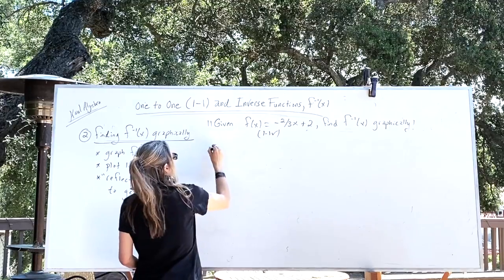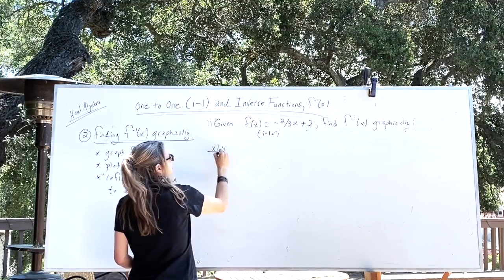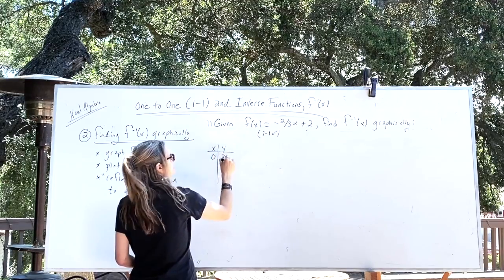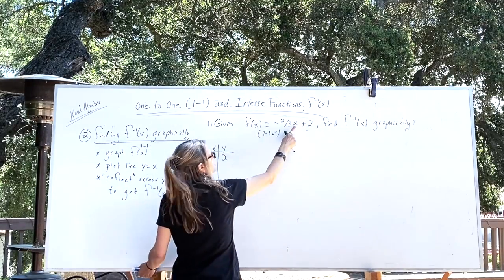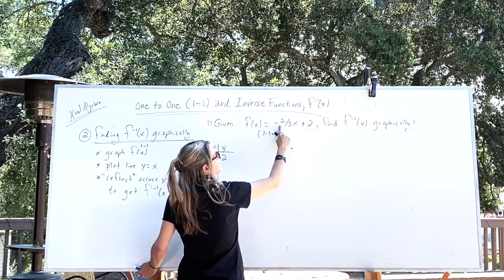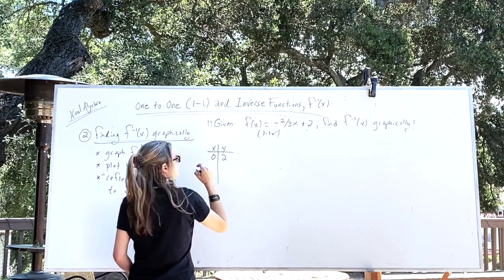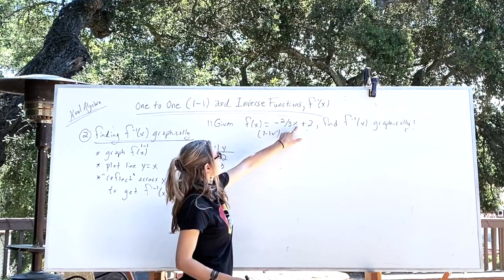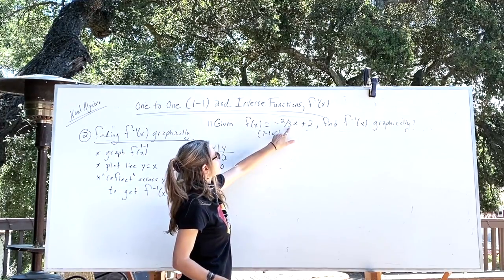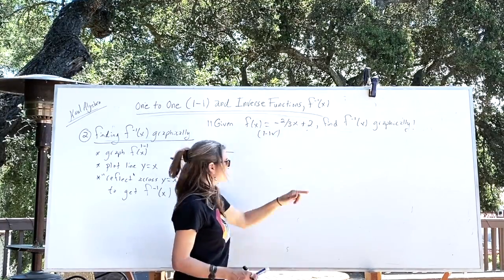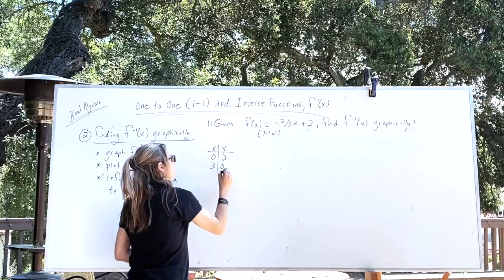So if I go ahead and find some convenient points to use here, I can see that my y-intercept is (0, 2). I'm going to use a point 3 for x. That cancels out with this 3, so that I have negative 2 plus 2. So at 3, I get 0. I could put a 6 in here, and then divide by 3 is 2, times negative 2 is negative 4, plus 2 would be negative 2.